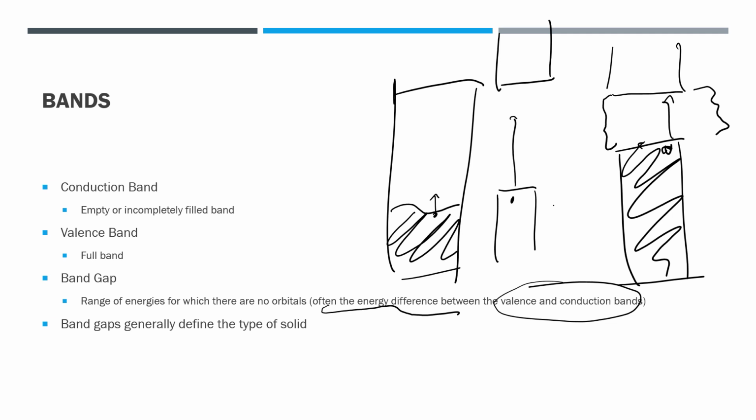It's already partially filled. So in a metal, the conduction band has some electrons, but it's not full because it is an incompletely filled band. And that allows metals to transmit electrons and conduct electricity without any major amount of resistance.